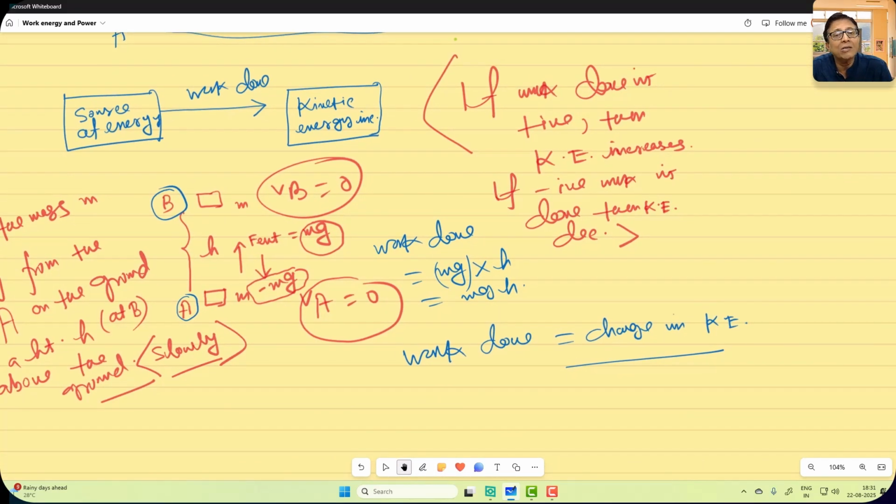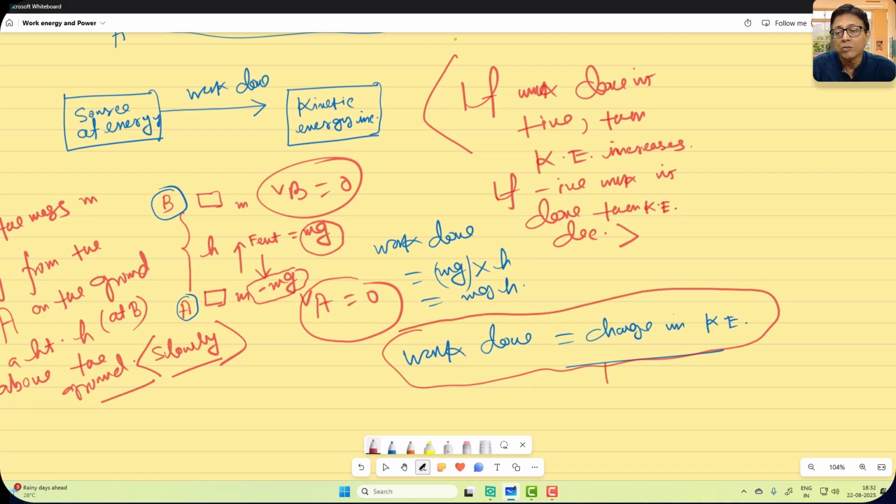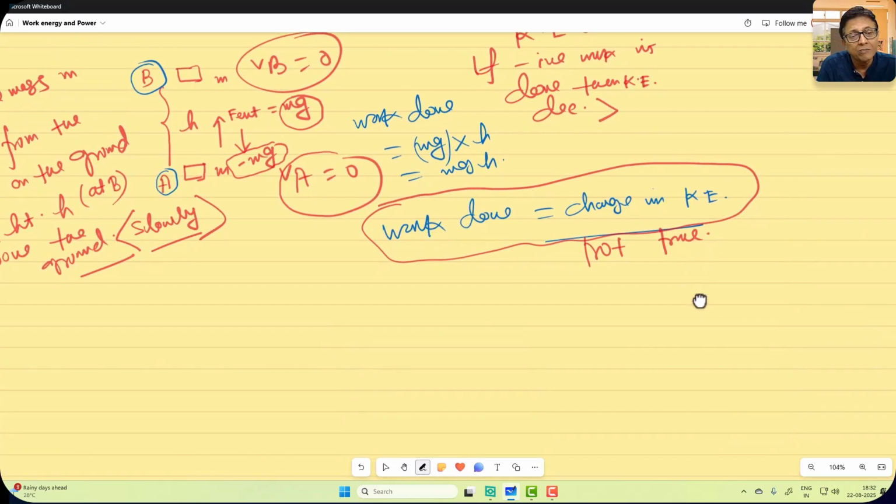So the work-energy theorem is not valid over there. Obviously, this is not true. We assume the existence of another type of energy here.